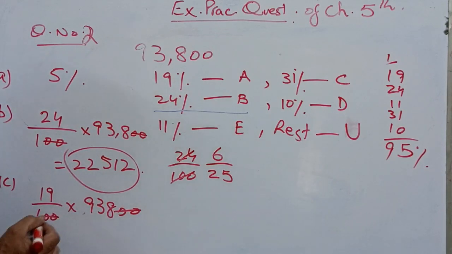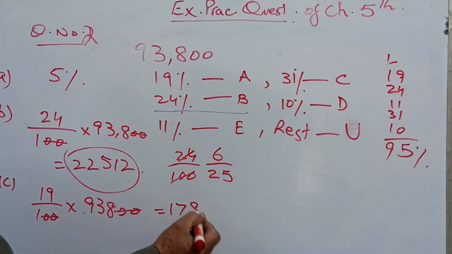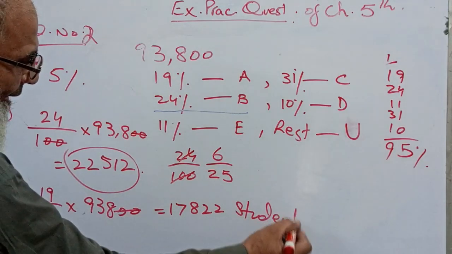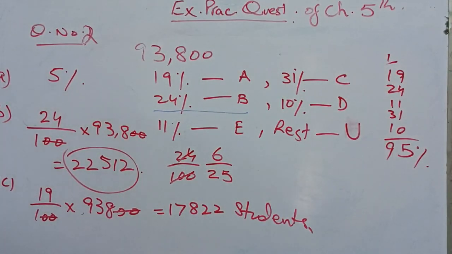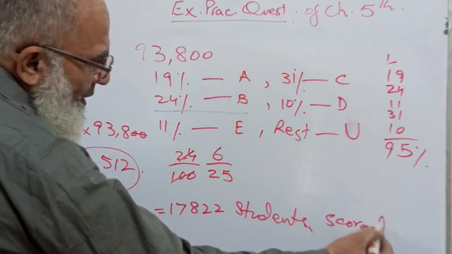So these two zeros will be crossed with these two zeros, and we'll just multiply this 19 with 938. 938 multiplied by 19 will give us 17,822. That will be 17,822 students who scored grade A.